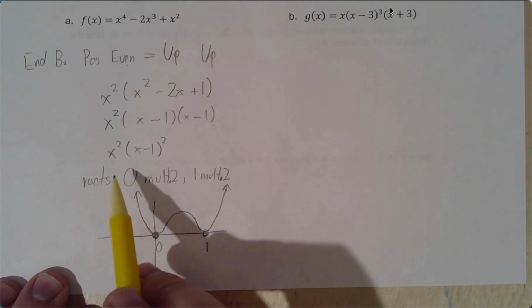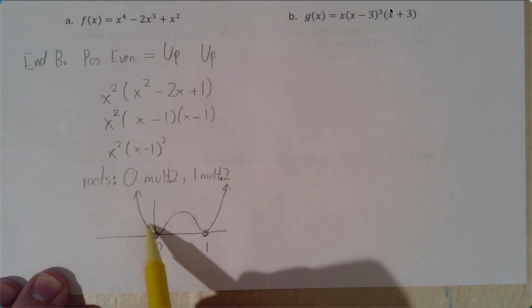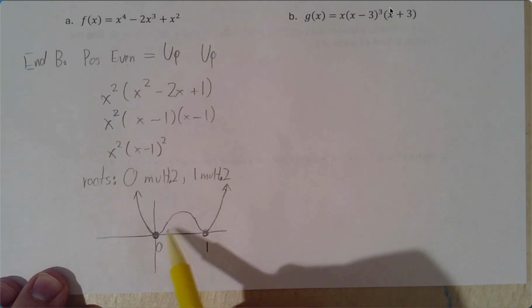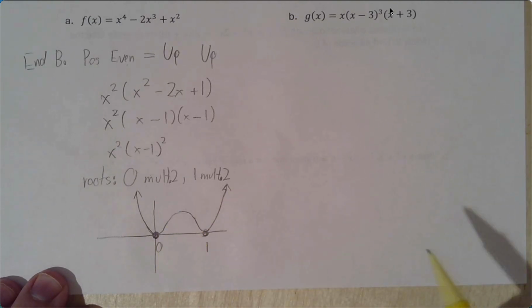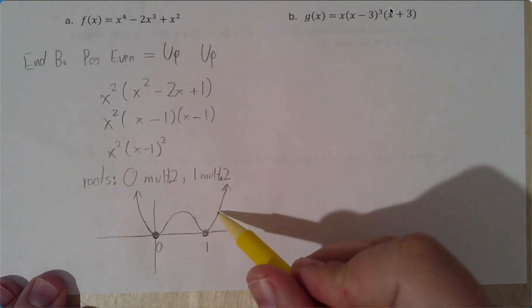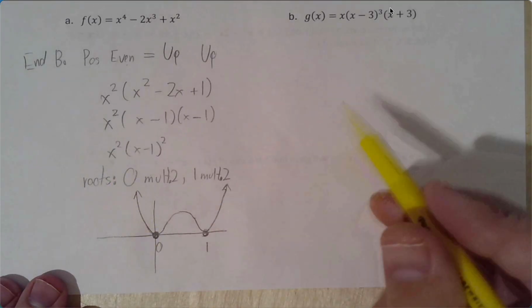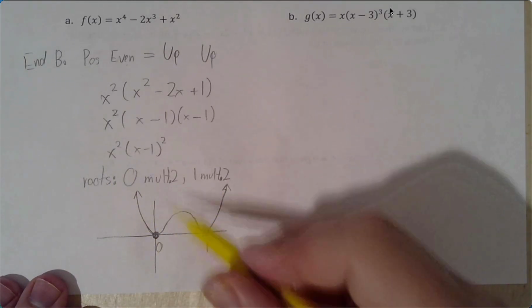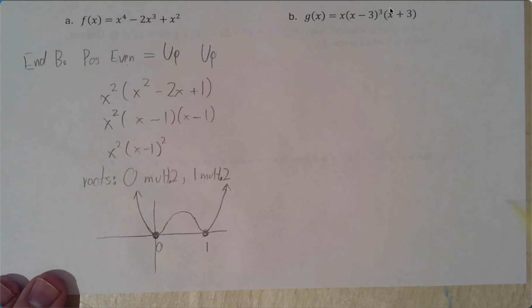So if I was ending by going up and to the left, I'm going to bounce off and now go up right after that root as well. This one bounced off as well, and they'll always meet nicely and smoothly. If you had the question, is it possible for me to graph my end behavior and say that this one passes through and then this one bounces off? How do they connect through the middle? The answer is that would never happen.